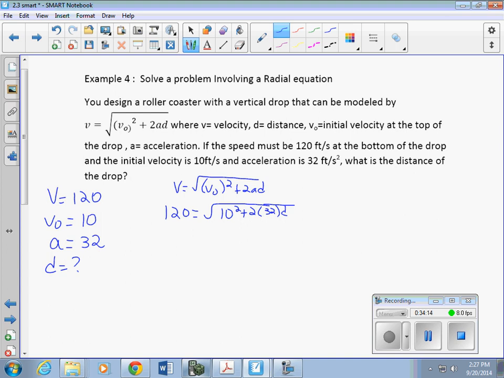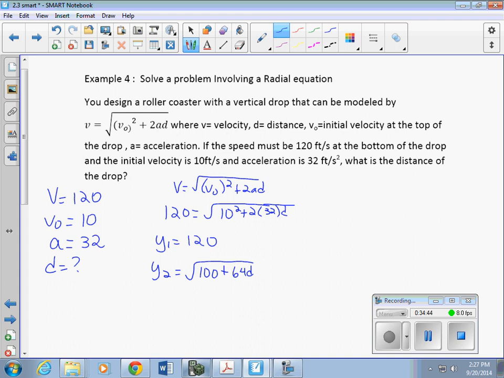So you've got a couple of ways that you can solve this. You could try to do this algebraically, and you would get an answer. Or not algebraically, just using your calculator and using order of operations to solve. To do this on your calculator, probably the easiest way is just to say that y1 is equal to 120, y2 is equal to the square root of 100 plus 64d.